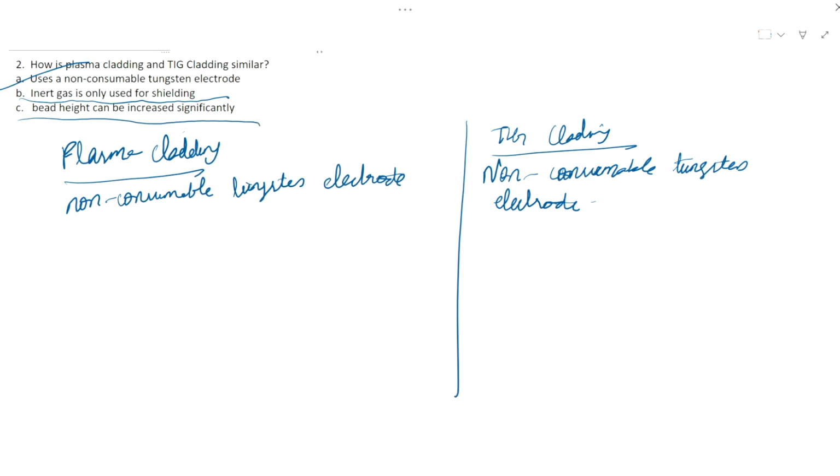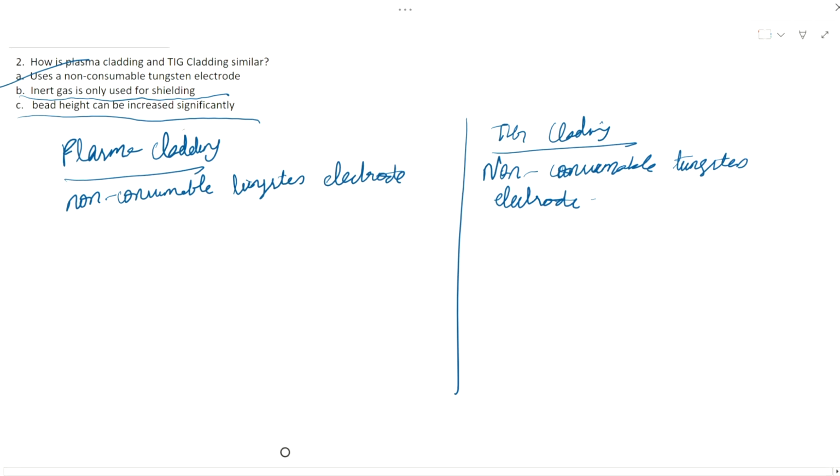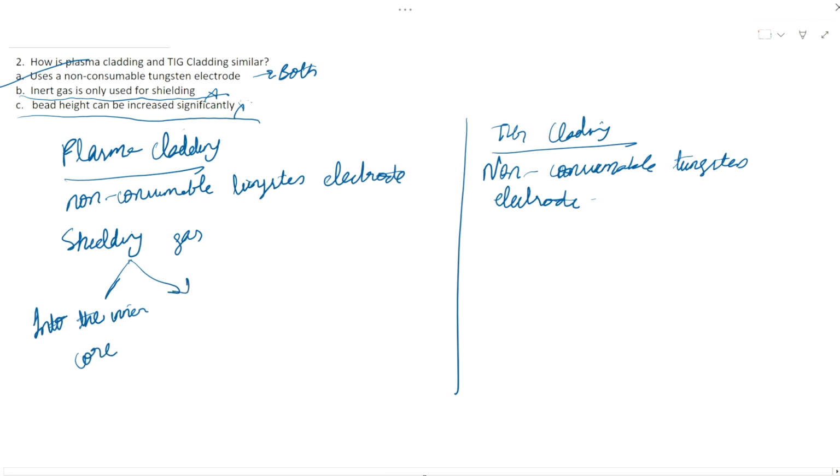Now in plasma cladding, as we said, the shielding gas, this is not for TIG cladding, only for plasma. This is for both. So when this shielding gas is divided into two parts, into the inner core and here into the outer core.